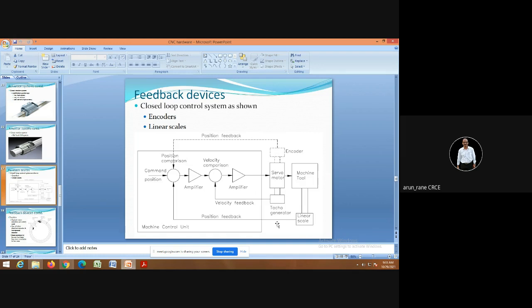Like suppose you have given a feed rate of say 80 millimeter per minute. So what is the current feed rate, whether it is 60, 70, 75, and the error will be worked out and sent. So you have the encoder, which gives you the position feedback, and you have the tacho generator that gives you the velocity feedback.